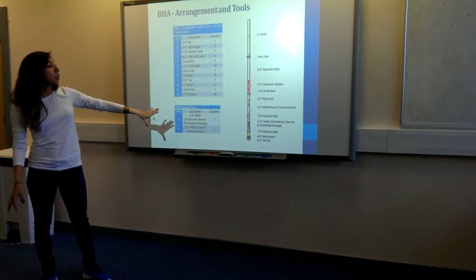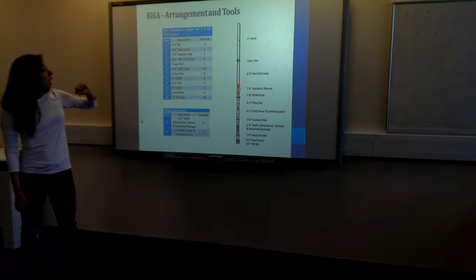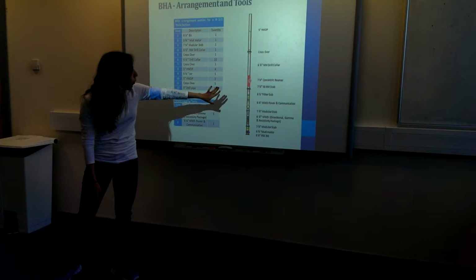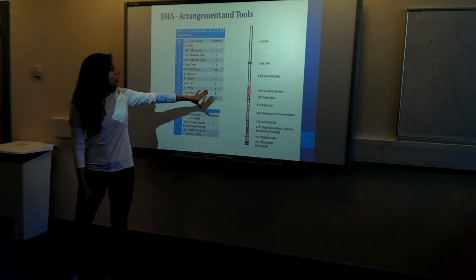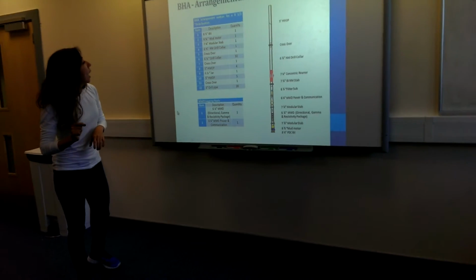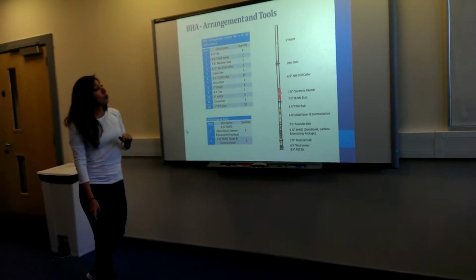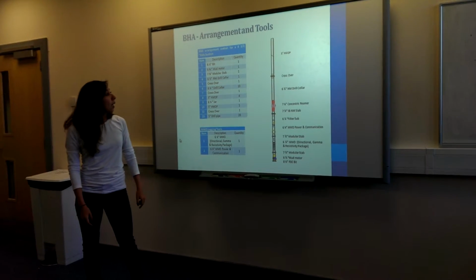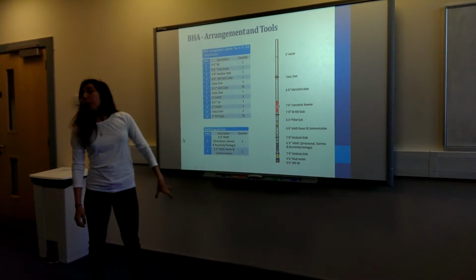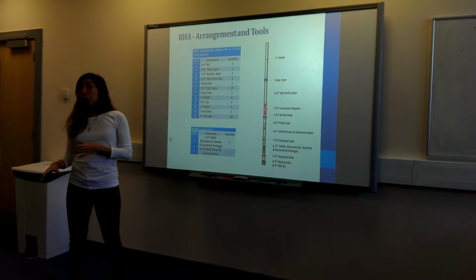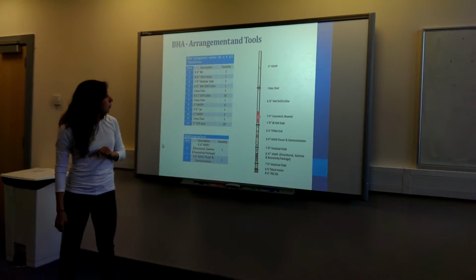Then we have a mud motor, stabilizers, and logging tools, stabilizer subs, and cross subs for the drill pipe. We have decided to use drill collars of 6 and 6.25 inches, and heavy weight drill pipe as well, to make the transition from the 5-inch drill pipe to the drill collars.